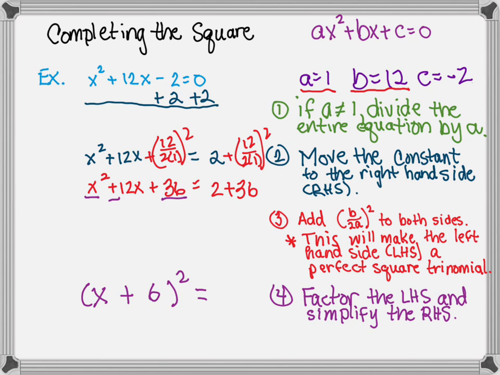And then on the right-hand side, 2 plus 36 is 38. So it will always factor to x plus b over 2a in parentheses squared. And if we used our b, which was 12, over 2 times a, which was 1, we do get our 6, which was the 6 that we had in our parentheses.